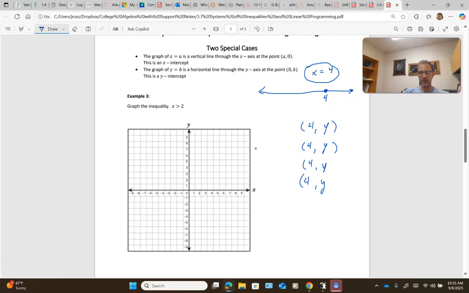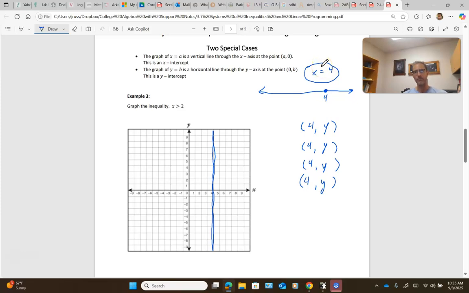And so if you were to do that, you would basically get a vertical line stationed at 4, just like this. I'm going to erase this, by the way. Because every single point on this line would have an x coordinate of 4. We don't care that the y coordinates are different because my equation doesn't have a y variable in it.